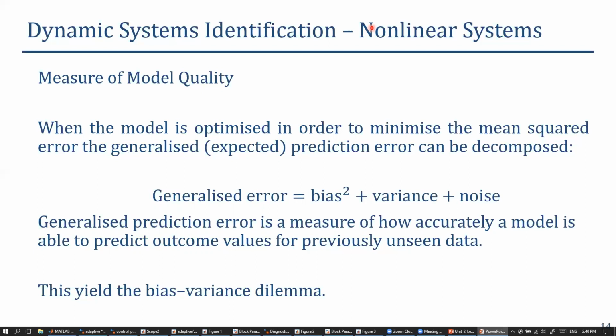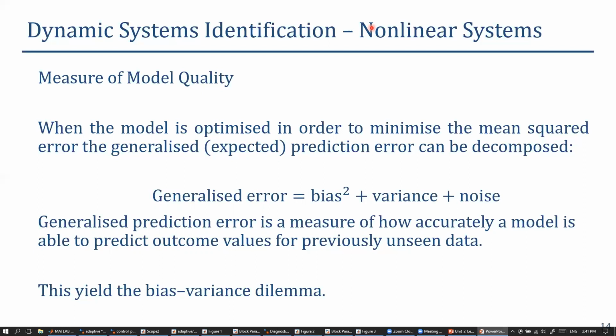That means we can expect some sort of prediction error. This prediction error is then the measure of how accurately a model is able to predict the output on previously unseen data.